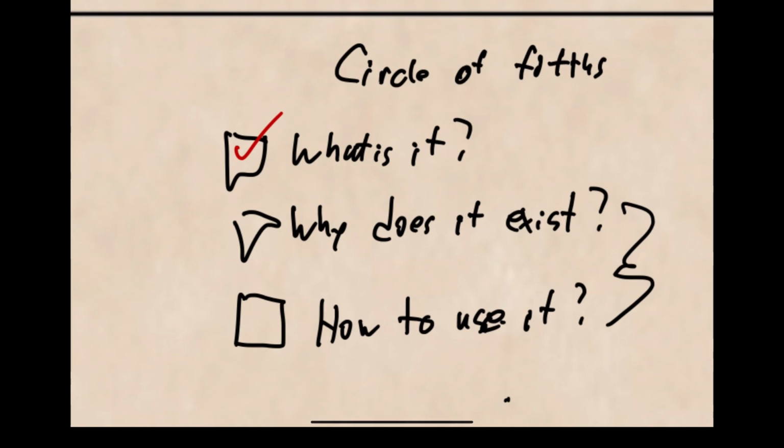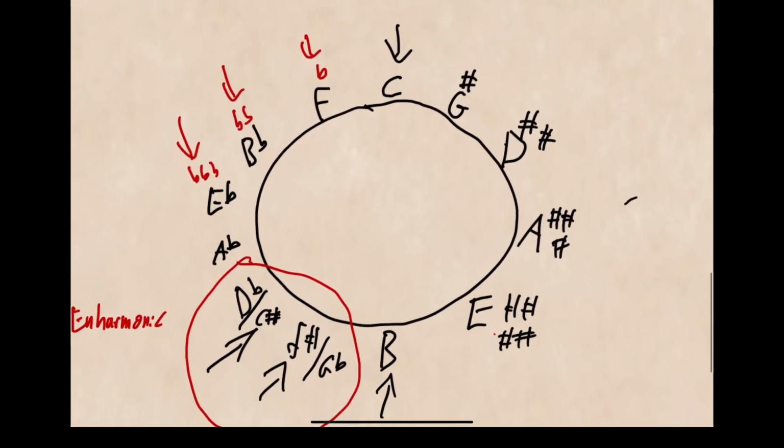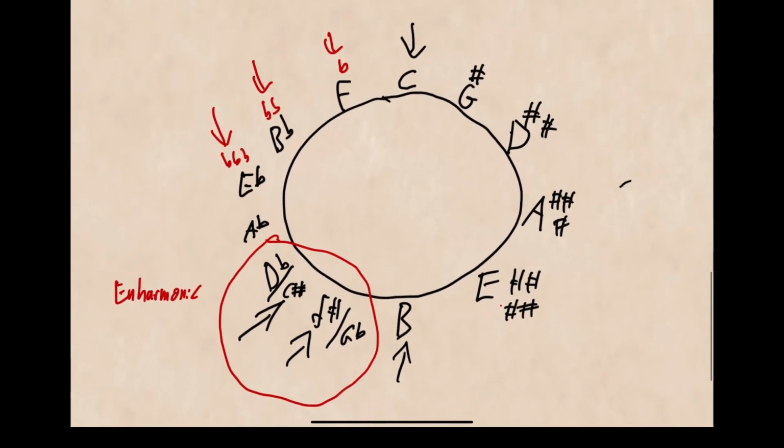Now, why does it exist? Well, it exists for this reason of the key signatures: to help us know and remember how many sharps or how many flats are in each key signature. And by the way, the minor key signatures are here on the inside. So we have A minor, E minor, B minor.